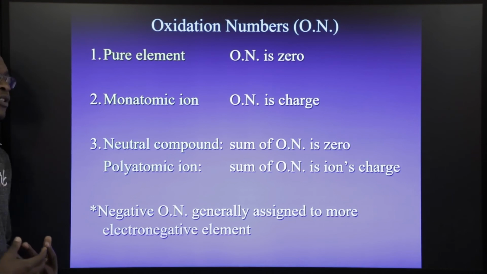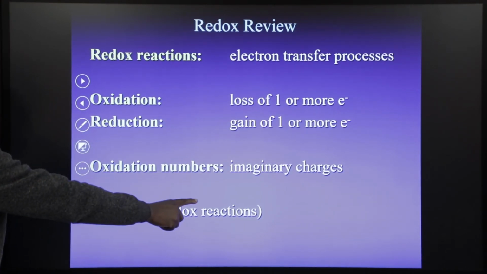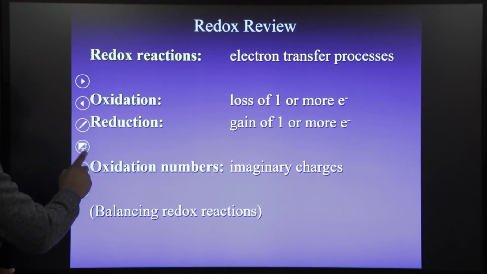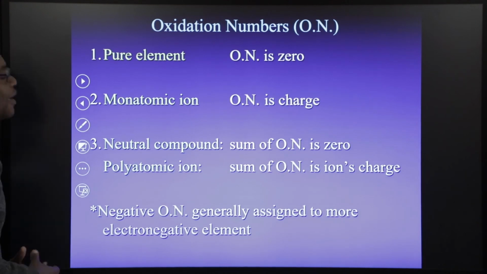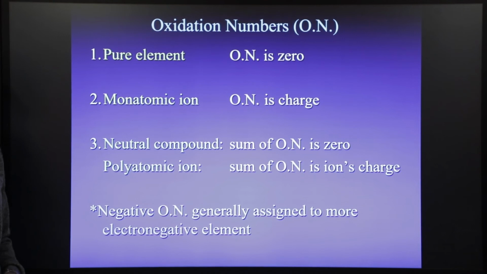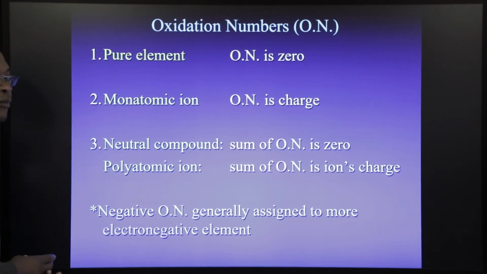These oxidation numbers are imaginary charges, and there is a method of assigning them to species in a represented reaction. For example, a pure element has an oxidation number of 0. In other words, it has not gained or lost electrons, so it is neutral.